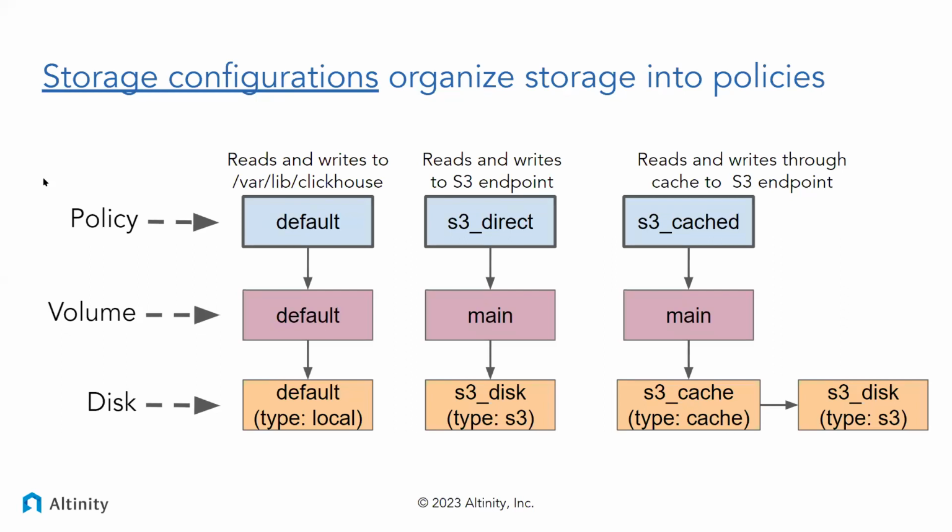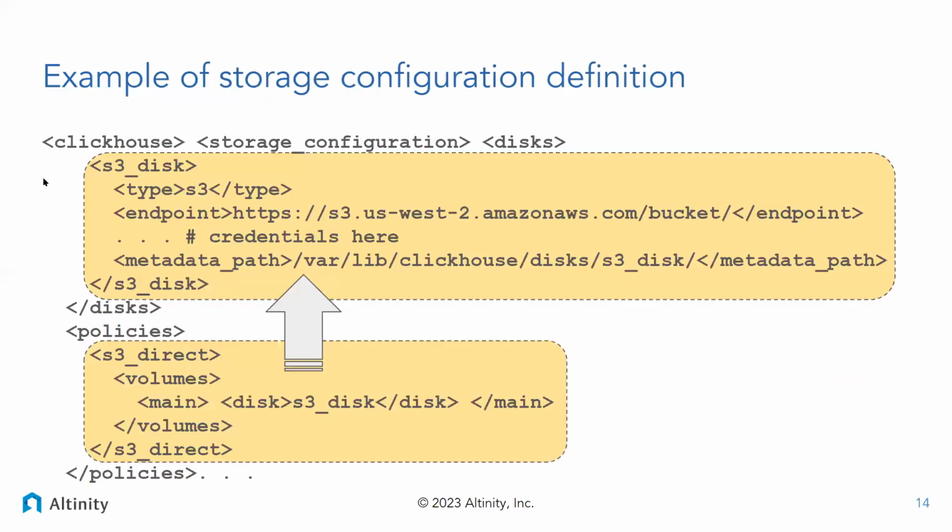Let's dig into some of the details. This is an example of how storage configuration works for the simple case where we just want to write to an S3 disk. Inside the storage configuration tag, there's a disk section and there's a policy section. We'll define the disk, and with S3, it's a type of disk. So you see S3, it has to have an endpoint, and then it also has a metadata path.